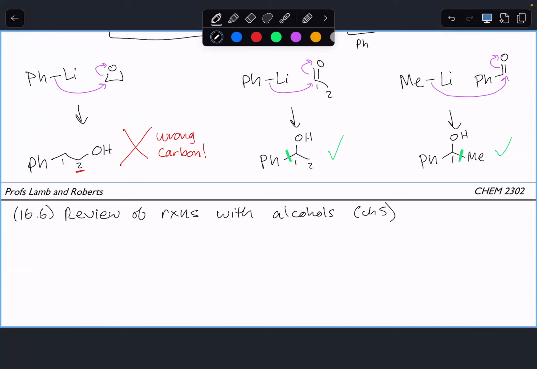Okay, so you've learned a lot of reactions with alcohols already. One of the big ones is to alkyl halides. Remember, alkyl halides have this general form where X is a halide. Usually it's going to be chlorine or bromine, but it could be fluorine or iodine. The reason that these are important is because they're good electrophiles.